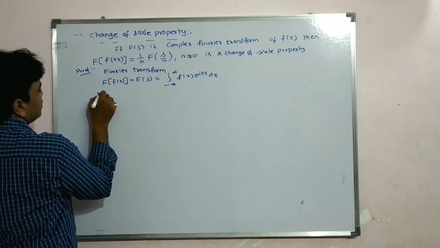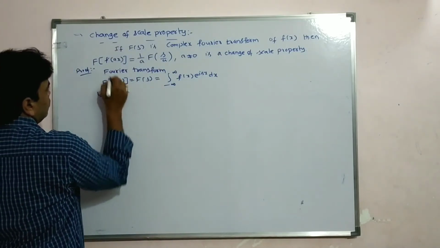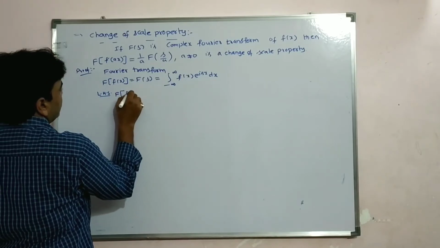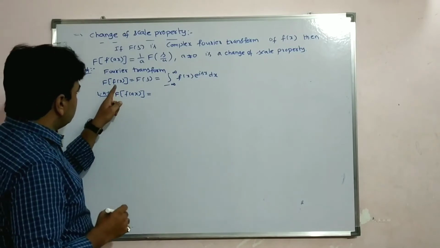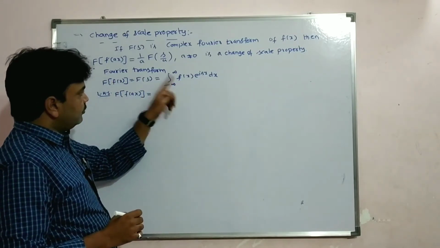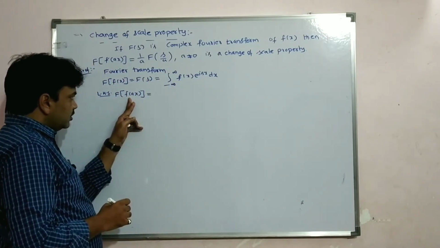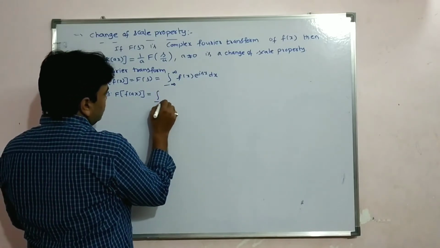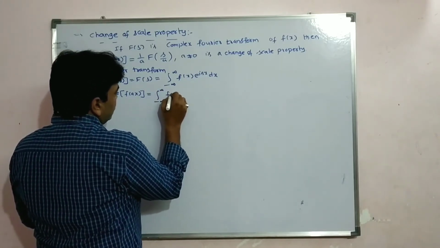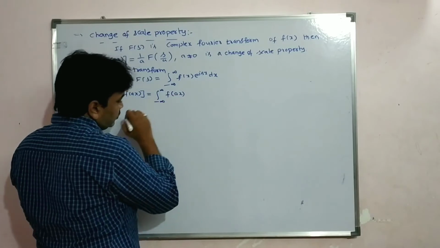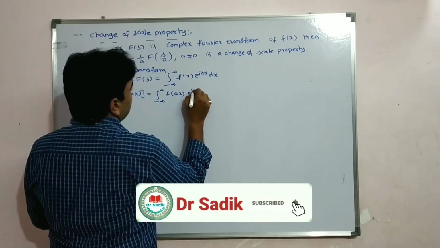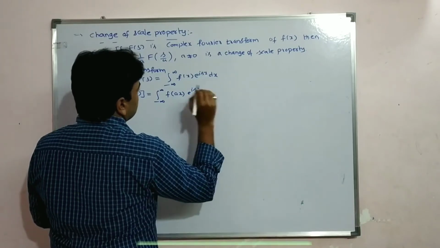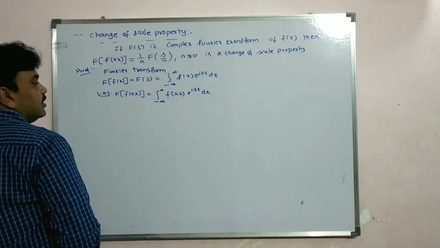Now take the left hand side, the Fourier transform of f(ax). Previously we had f(x), so this time we write f(ax): the integral from minus infinity to infinity of f(ax) e power isx dx.